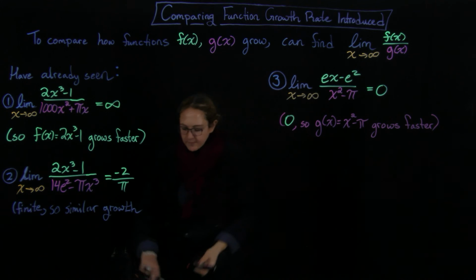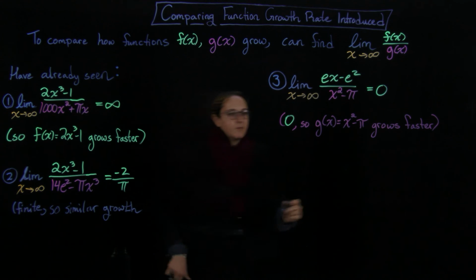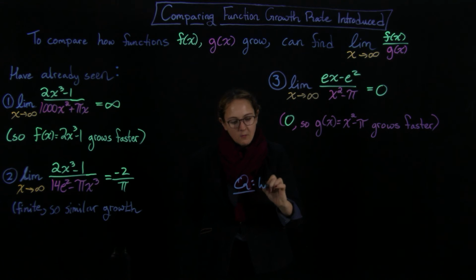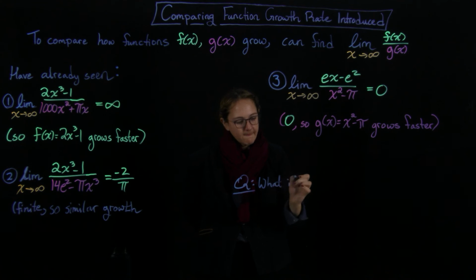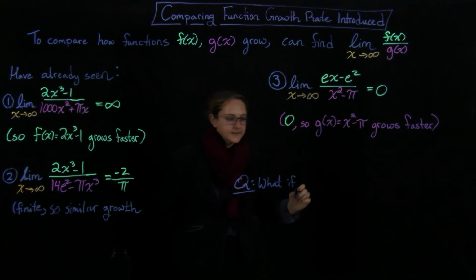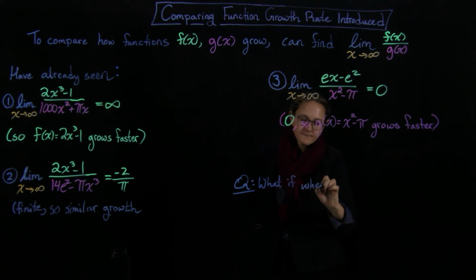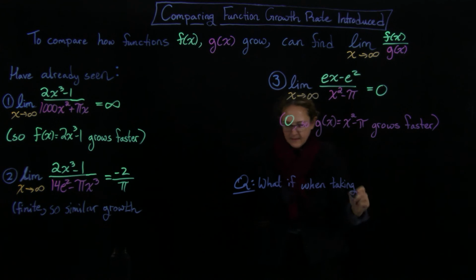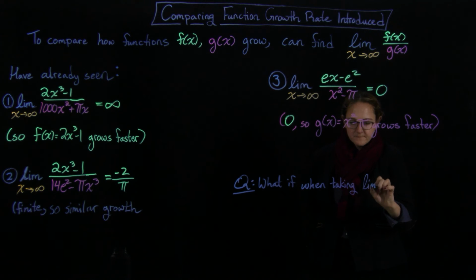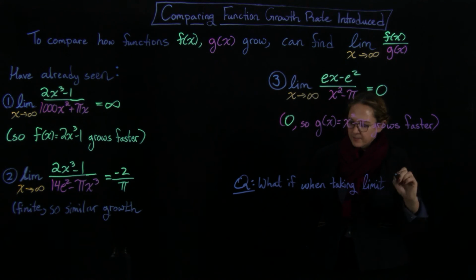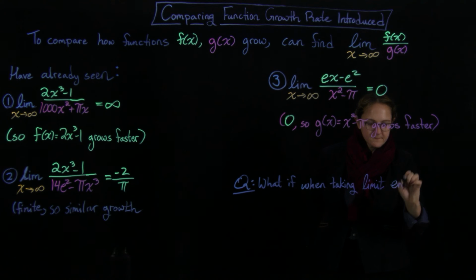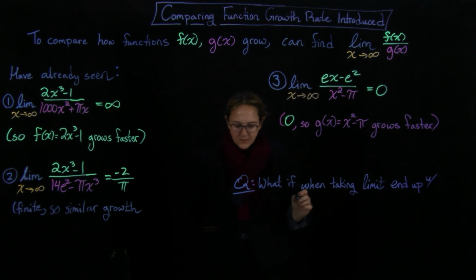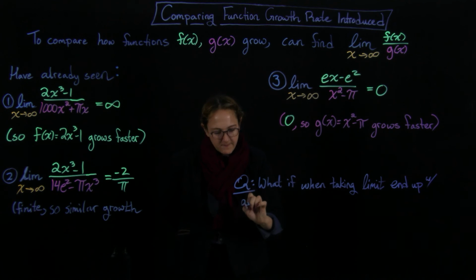Here it becomes the question: what do we do when, taking the limit, we end up with what we call an indefinite form?